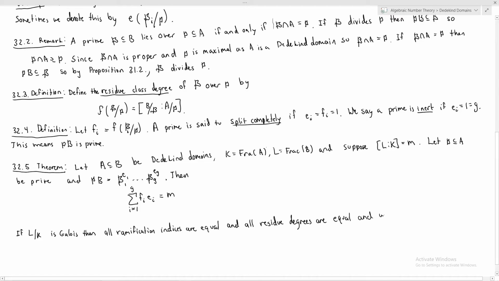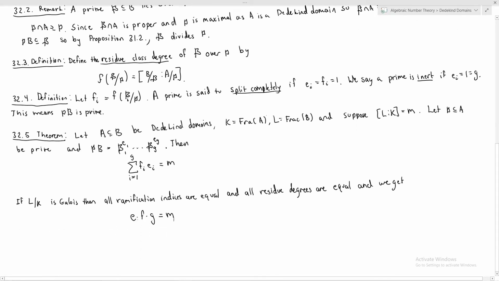And we get basically this formula turns into E times F times G equals m, where E is the common value of all the ramification indices, and F is the common value of all the residue degrees. Okay, and so this is why it's called the EFG theorem. It gives us this relationship between the E's, the F's, and the G's.